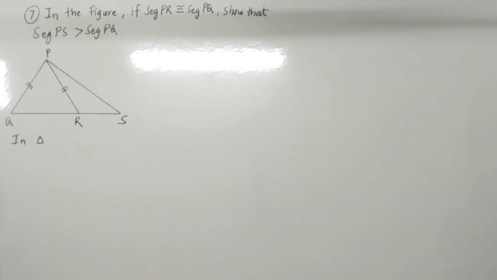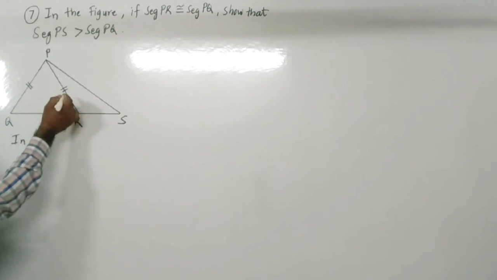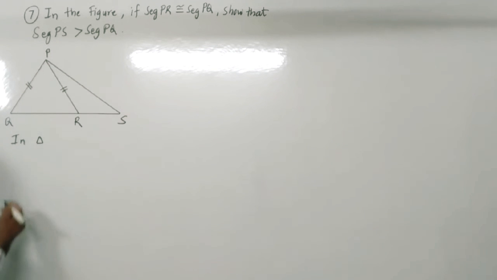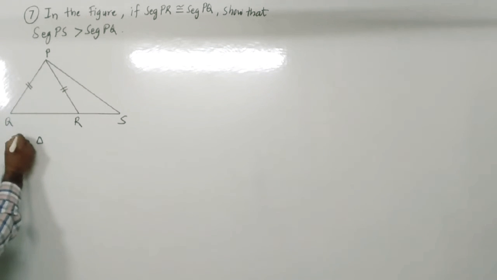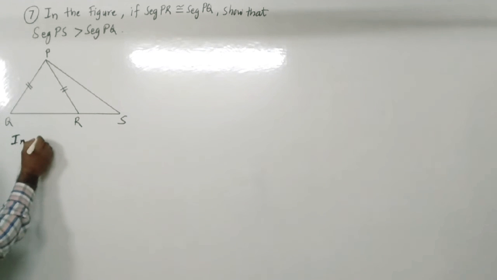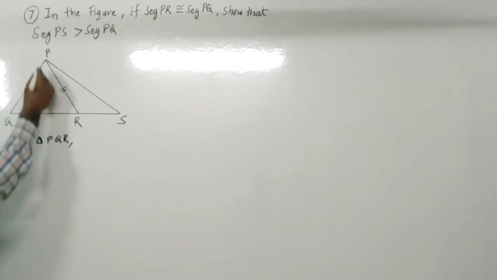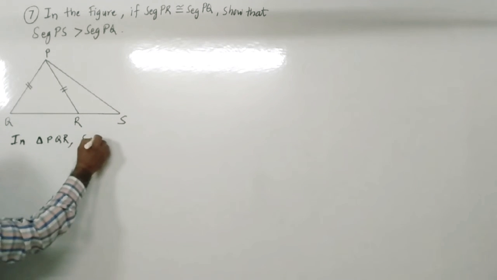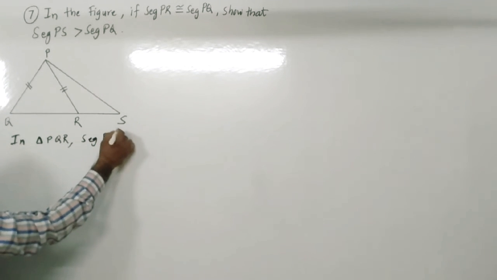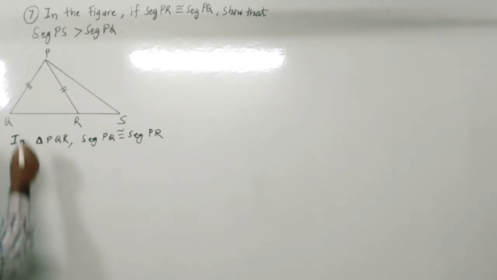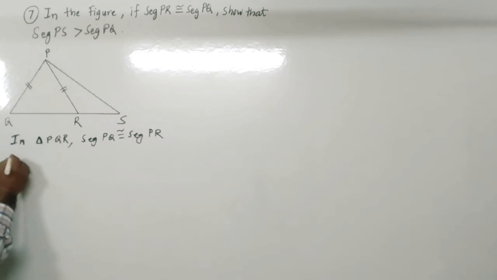In the figure, PR is congruent to PQ and you have to show that PS is greater than PQ. So let us consider triangle PQR. In triangle PQR, segment PQ is congruent to segment PR. Two sides of the triangle are congruent.